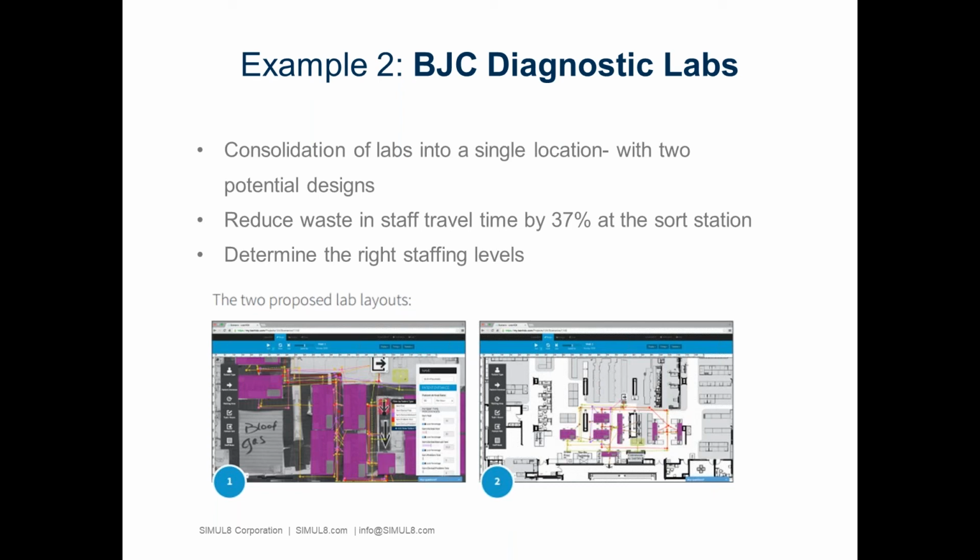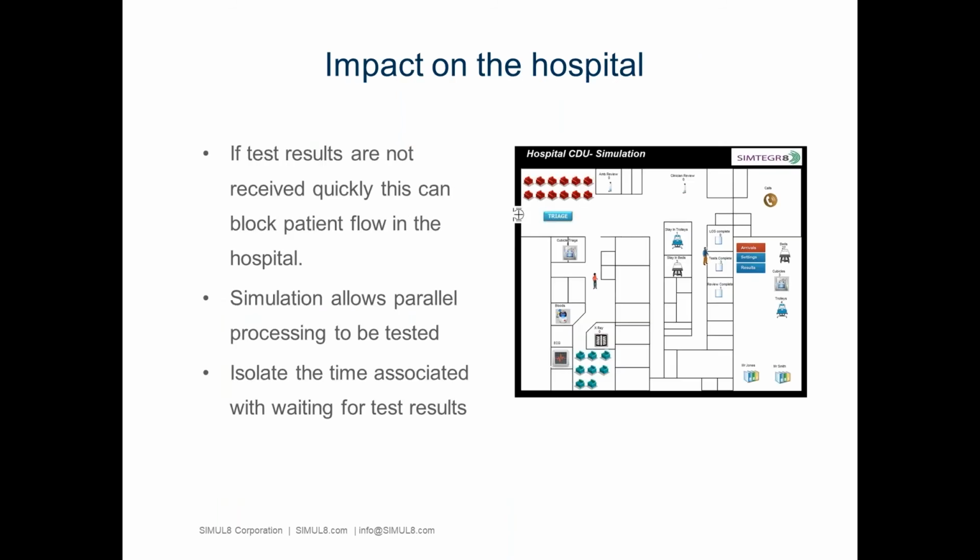Looking at this in a slightly different way, with BJC, we're looking at two different layouts. You can see the two different layouts at the bottom of the slide there. And they want to see which design is going to work best, in terms of staff movement, being able to move efficiently and reduce waste.